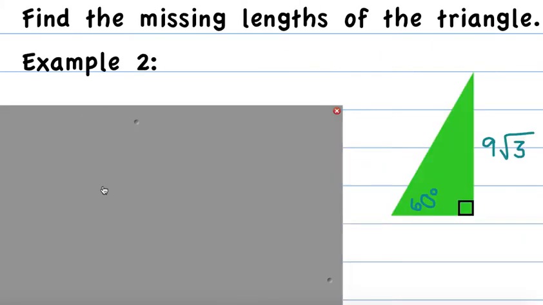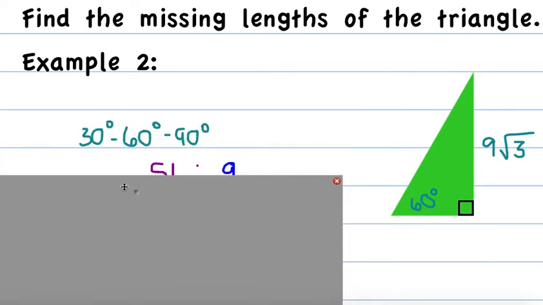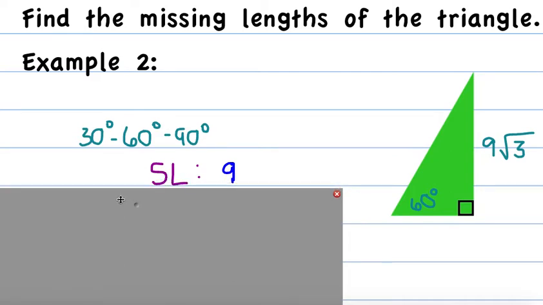The next example is very similar, but in this example they gave us the measurement of the long leg instead of the short leg. Again, we're dealing with a 30-60-90 triangle. We know that the short leg must be 9 because right here we're given that the long leg is 9 times the square root of 3, but when we apply our formula we know that it's really S times the square root of 3.